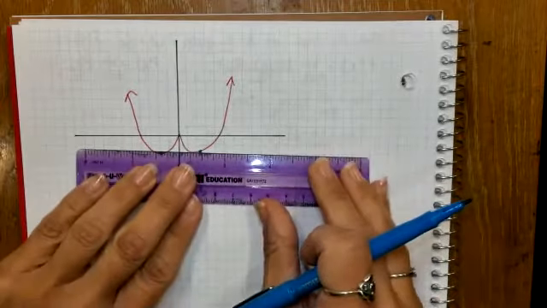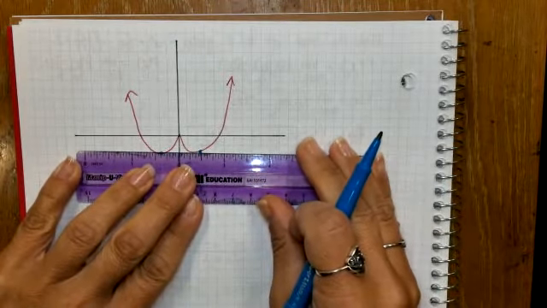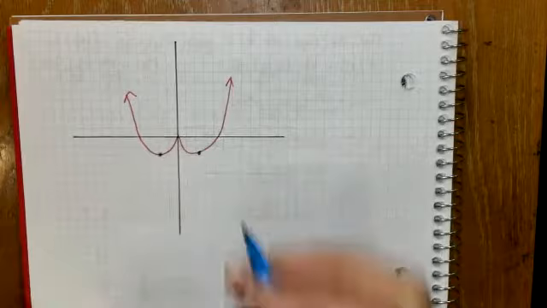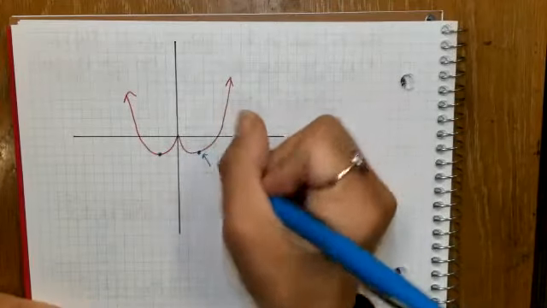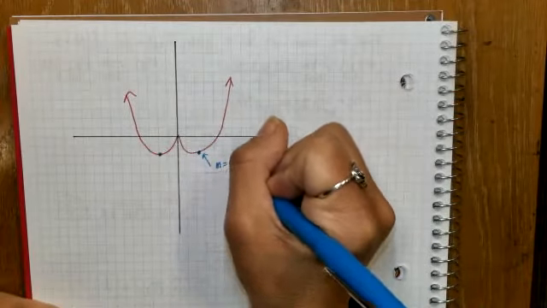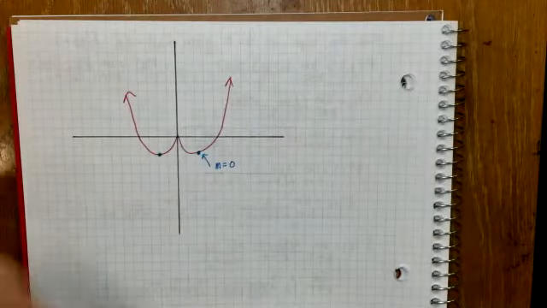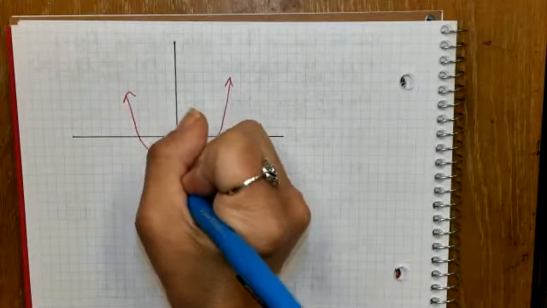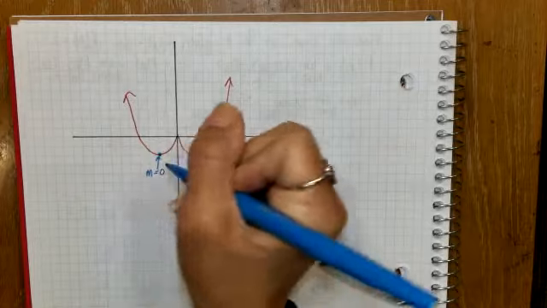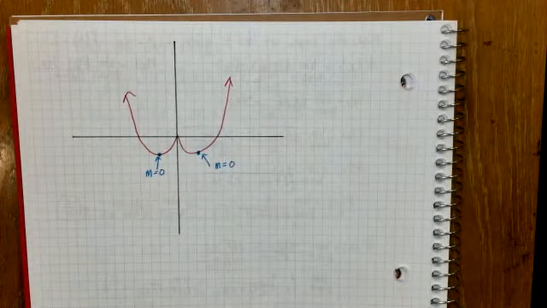The tangent right here is horizontal. So the slope of the tangent is 0. And same thing here. Slope of the tangent is 0.